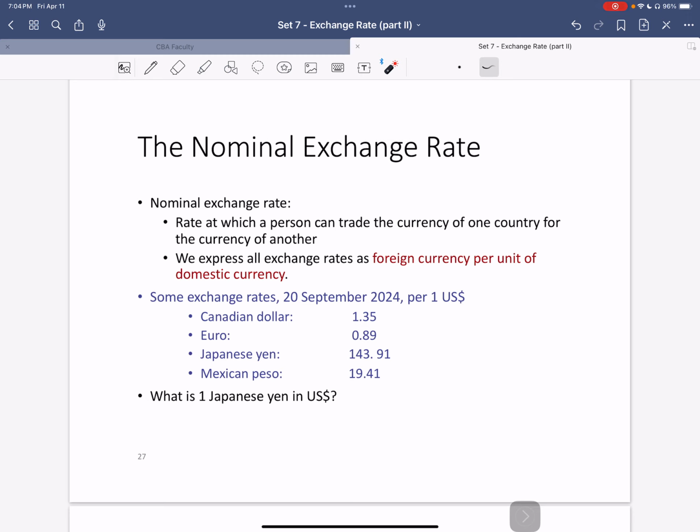So we are learning what the nominal exchange rate is and what the difference is with the real exchange rate. Nominal exchange rate is the rate at which a person can trade the currency of one country for the currency of the other one.